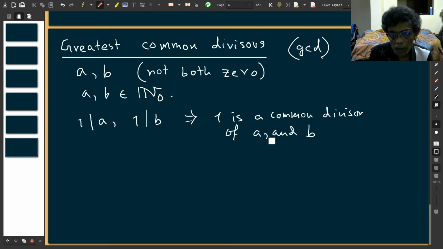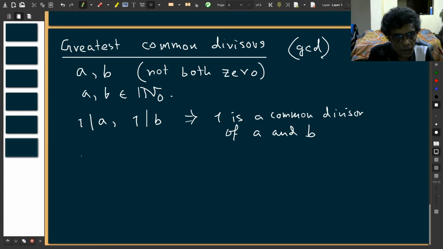Now I keep on checking whether there is a bigger number which is a common divisor. Definitely I cannot go beyond the smaller of a and b if both are non-zero, otherwise the non-zero one.